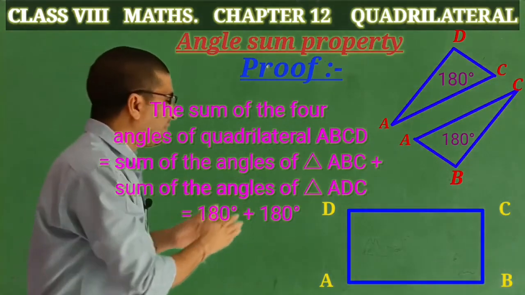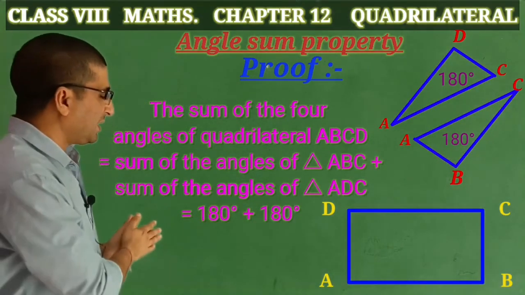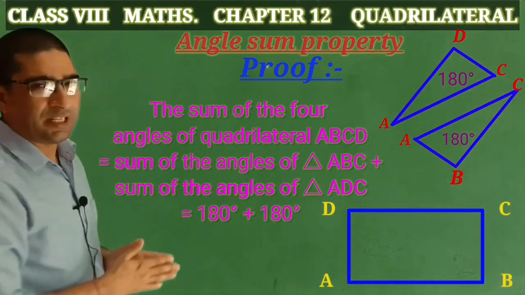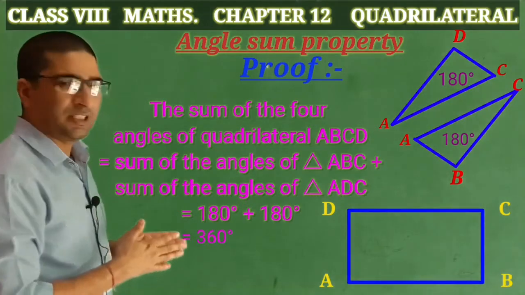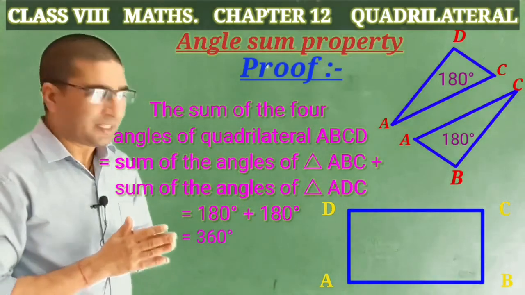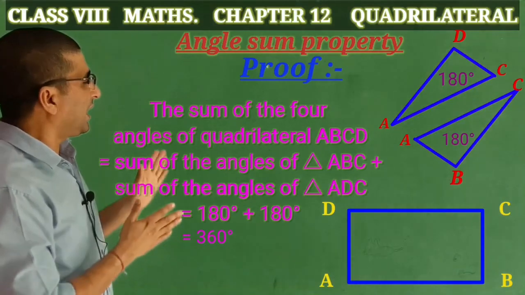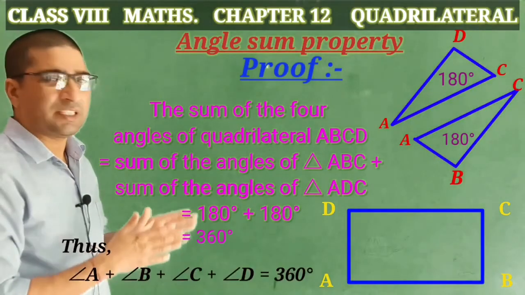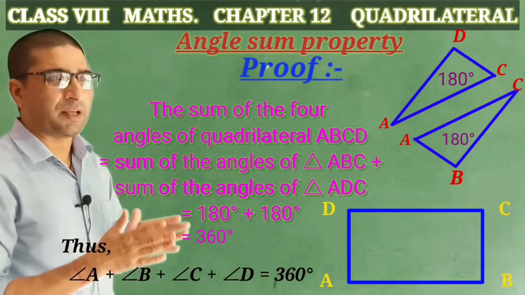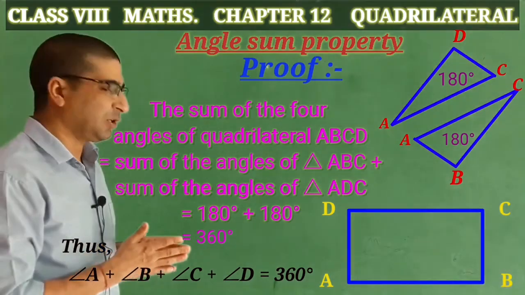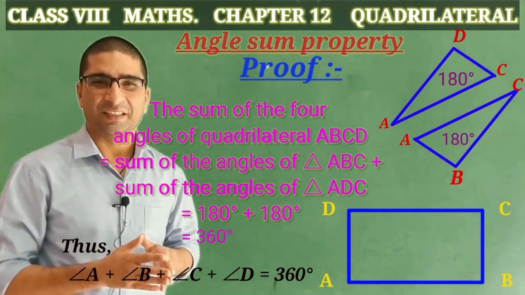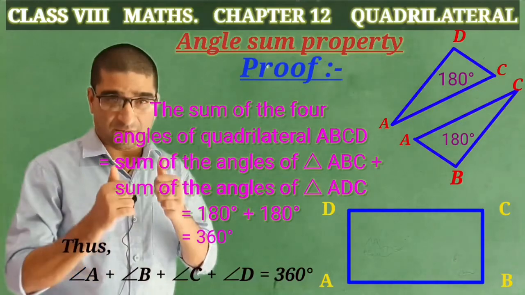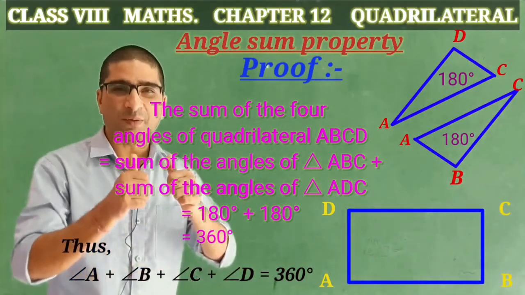When we add up these two, the sum of the angles will be 180 degrees plus 180 degrees, which is equal to 360 degrees. That means the sum of the angles of a quadrilateral, that is angle A plus angle B plus angle C plus angle D, is equal to 360 degrees. So this is very interesting and very easy to understand. I hope you have understood this.